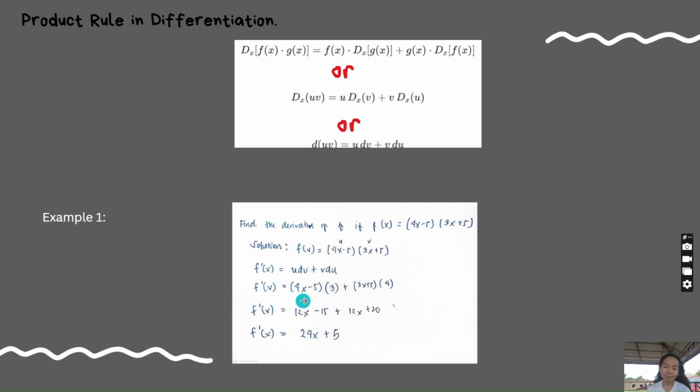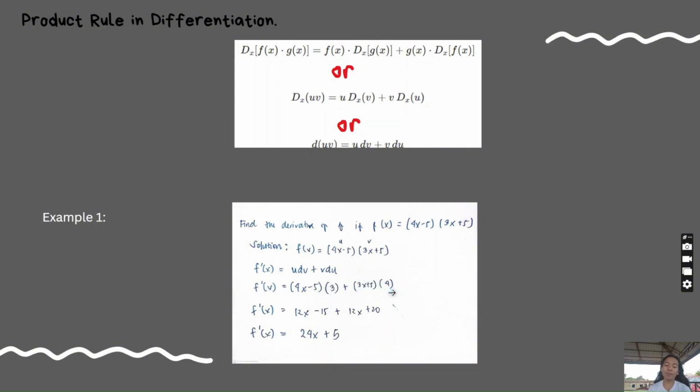Copying the u, which is 4x minus 5, and then the derivative of v, 3x plus 5, that is 3, plus copying the v, which is 3x plus 5, times the derivative of u, which is 4. It is 4 because the derivative of 5 is 0, and the derivative of 4x is 4.